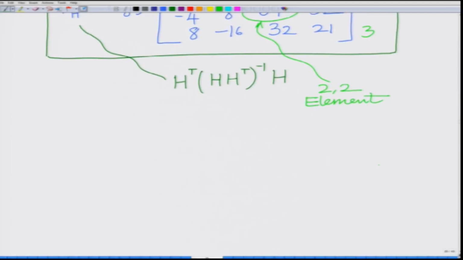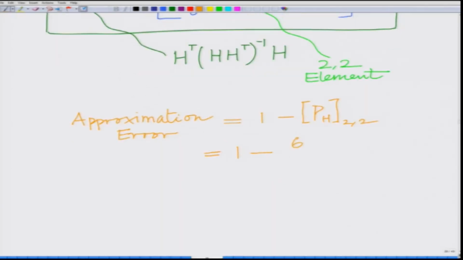Now using that, the approximation error equals 1 minus the 2 cross 2 element of the projection matrix PH, that is 1 minus 69 divided by 85, which is basically equal to 16 divided by 85.